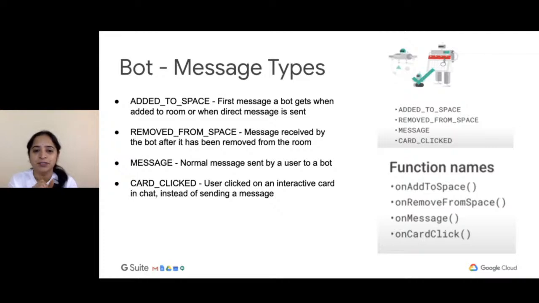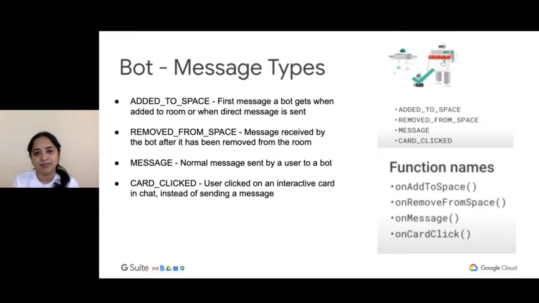So, some of the important message types are added to space, that is, whenever a bot is added into a room or when a direct message is sent, that's the first message a bot gets. So, added to space is that message when you add a bot. Removed from space is whenever you remove the bot from the chat room.